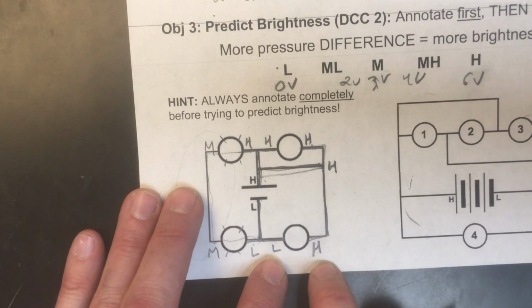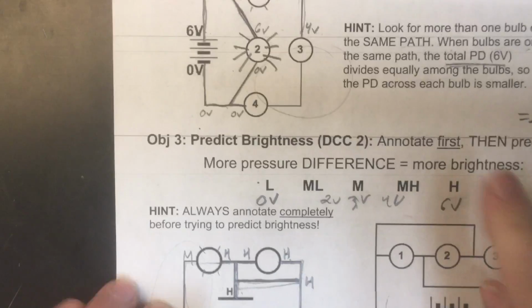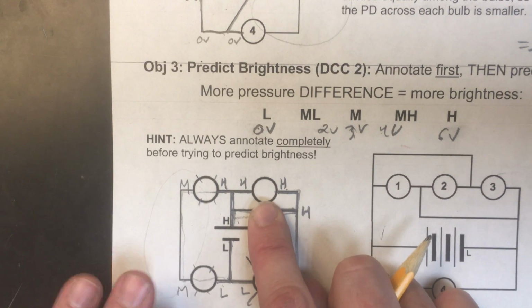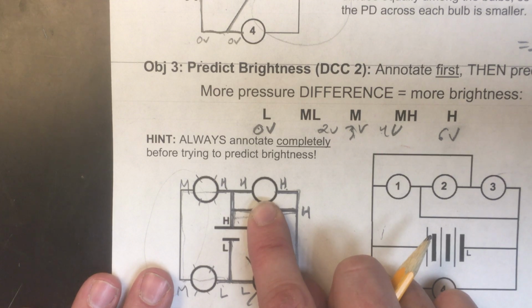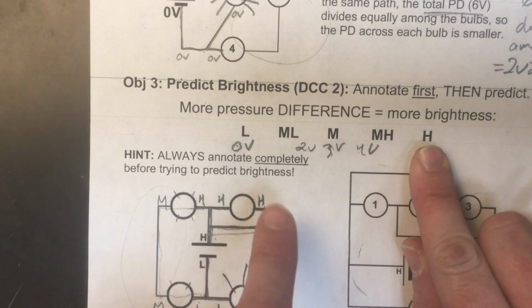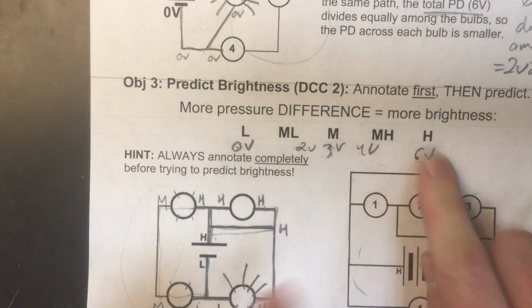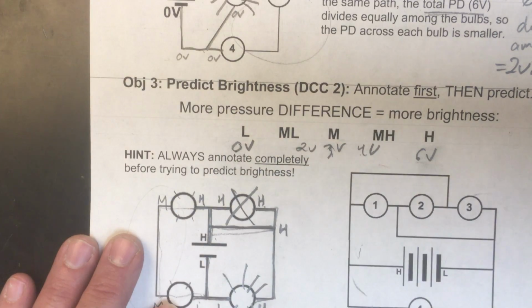However, H to L would have to be really bright because H to L is a big difference. This bulb, however, shows 0 difference across it. I could put one finger on H and another finger on H, and there's no difference between my fingers, so this bulb does not light up.